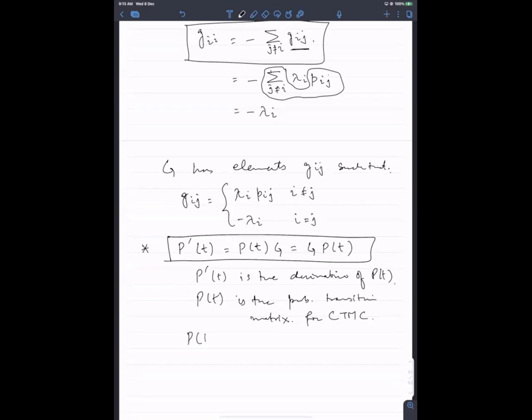And Pt has elements capital P, i, j, t, function of time.